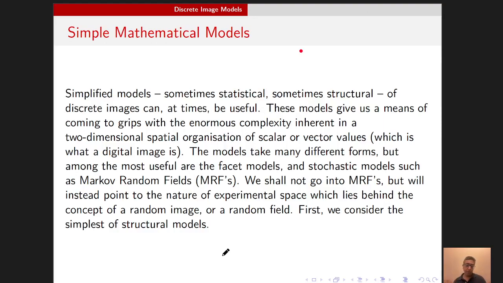Sometimes the topic we're going to introduce comes under the heading of Markov random fields, which is known to be quite a tricky topic. But I think that you get to MRFs if you have a proper understanding of this notion of an experimental space or observation space.